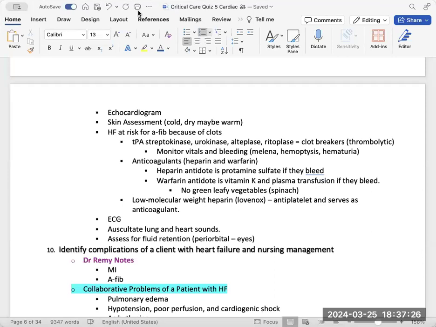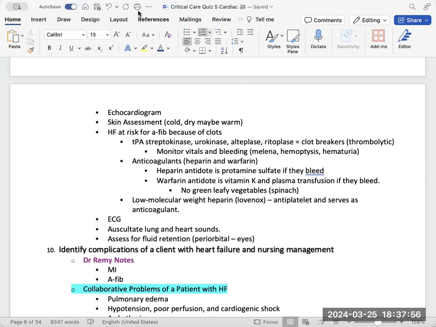So we might be giving these patients things like TPA, so streptokinase, urokinase, alteplase, and monitor vital signs and for signs and symptoms of bleeding. Right, we want to look at the vitals, which wouldn't be normal especially if they're bleeding as a result of a TPA, and look for signs of bleeding like hematuria, or blood in the urine.